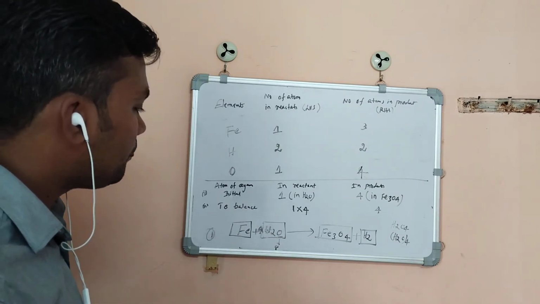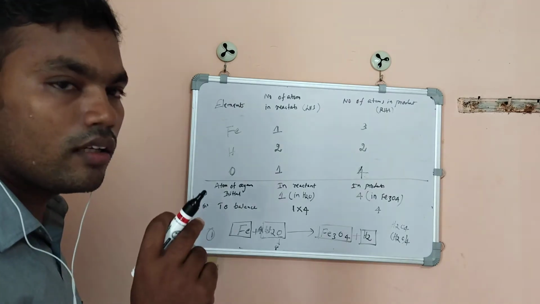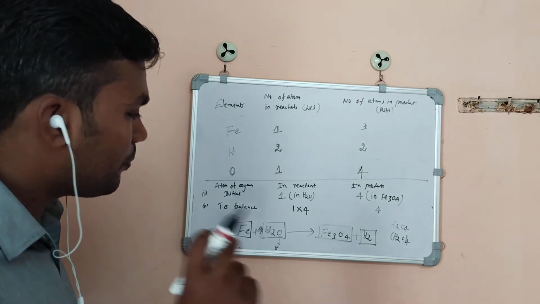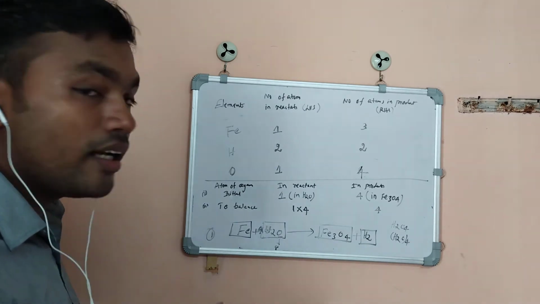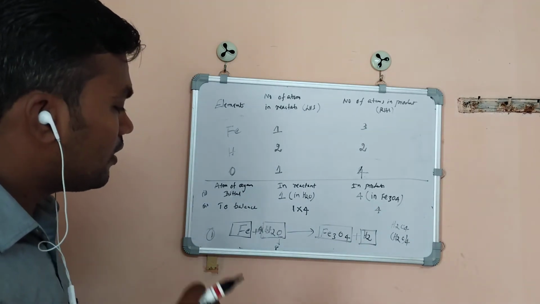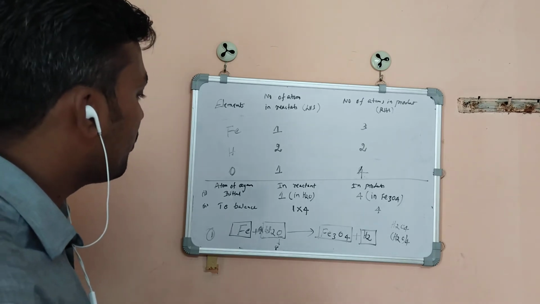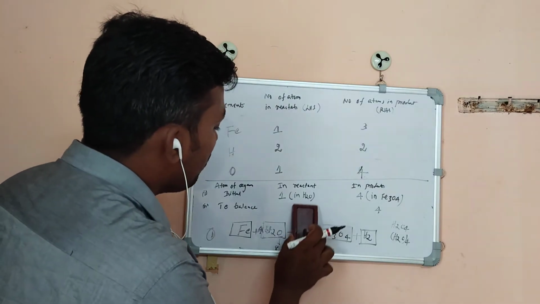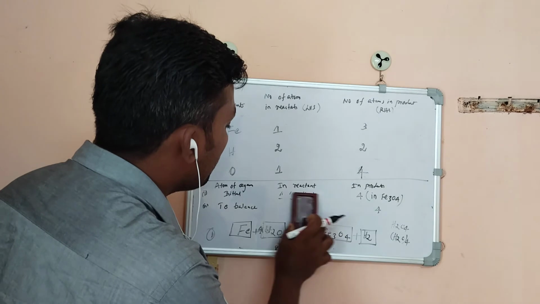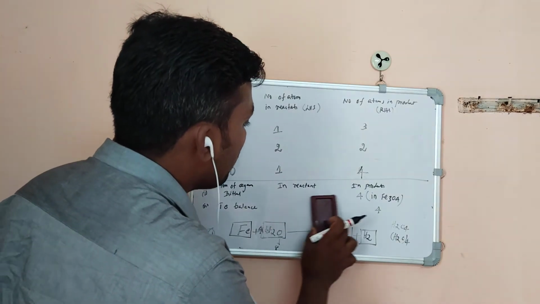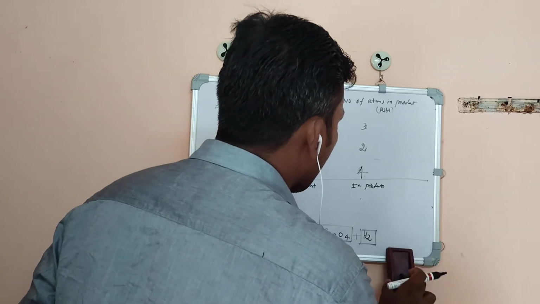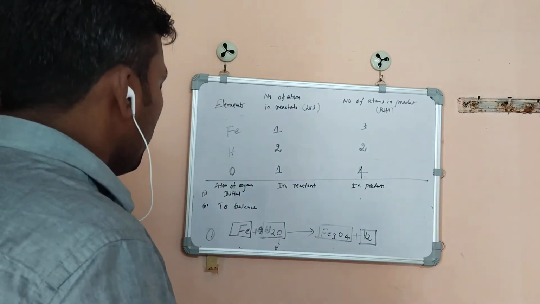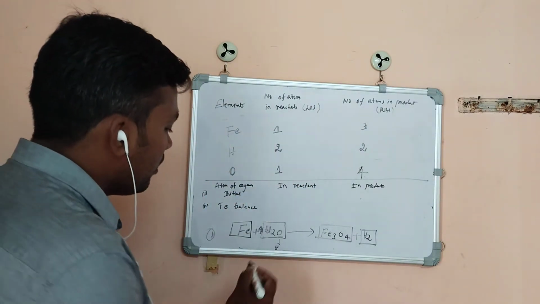Now we have balanced the total number of oxygen atoms on the product side as well as the reactant side, but the number of hydrogen atoms has increased. Now try to balance the number of hydrogen atoms present in the reactants as well as in the product side. Okay, how many hydrogens are there here?